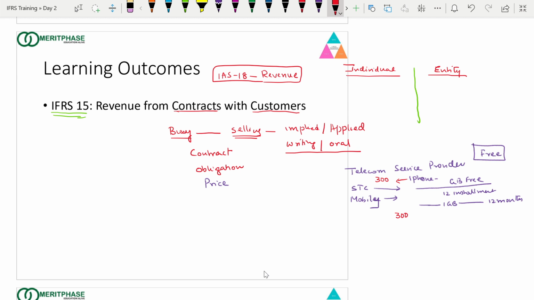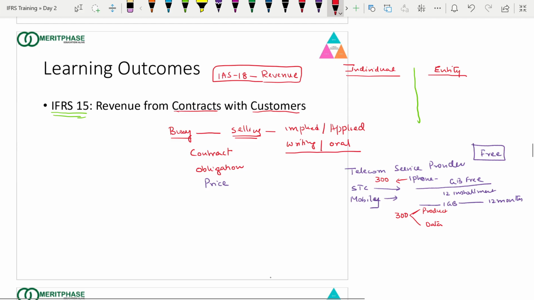But in this you are having two different performances. One performance is with the product and the other performance is with the data. We cannot say that it is the value of the product or the value of the data.